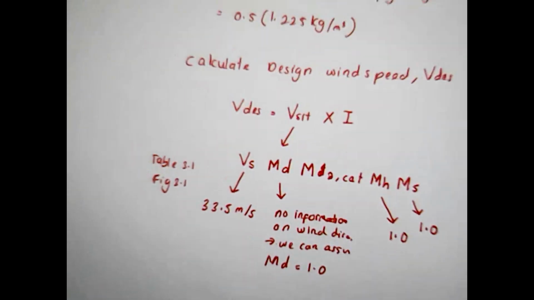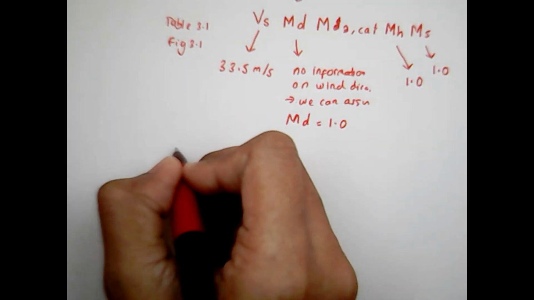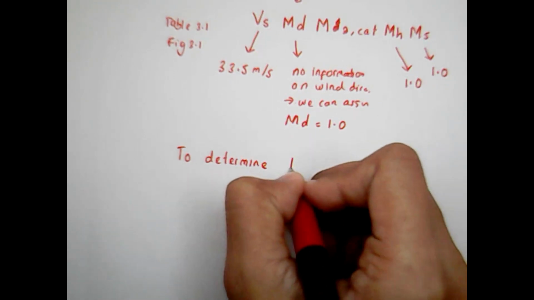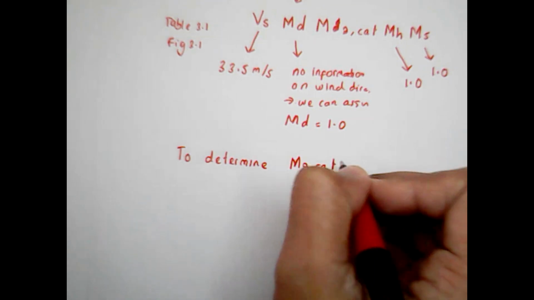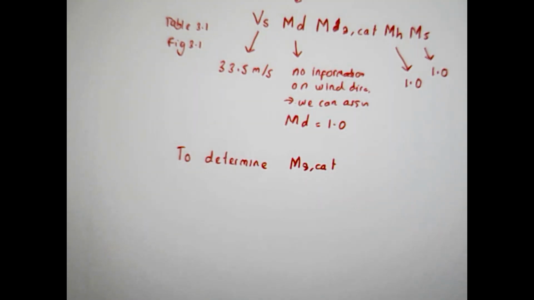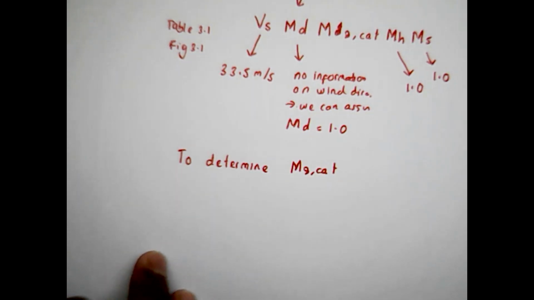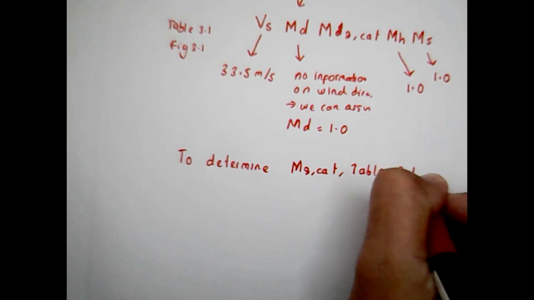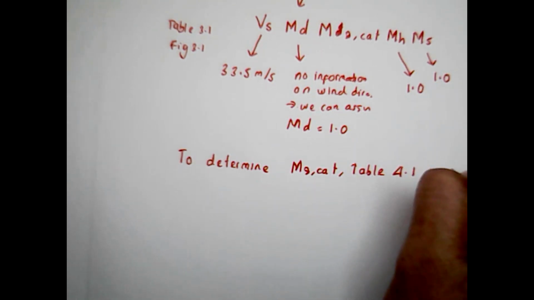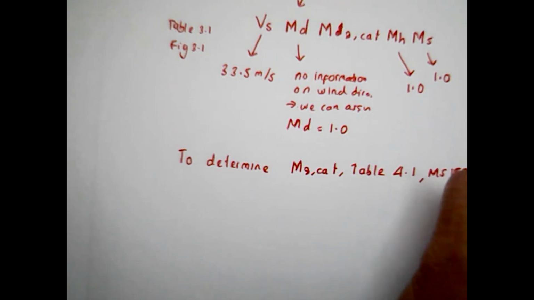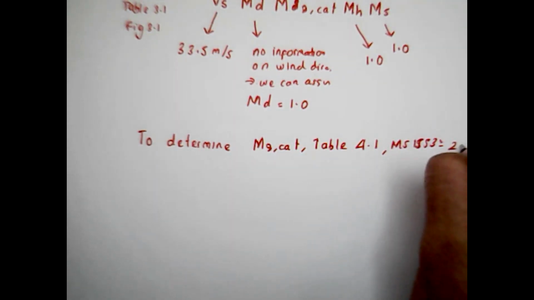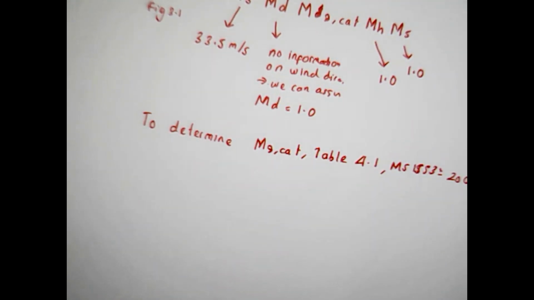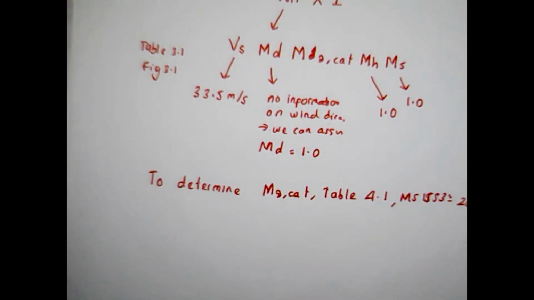Okay, so to determine MZ cat, which is what we call the terrain and height of the structure, we need to refer to table 4.1 in MS 1553:2002.